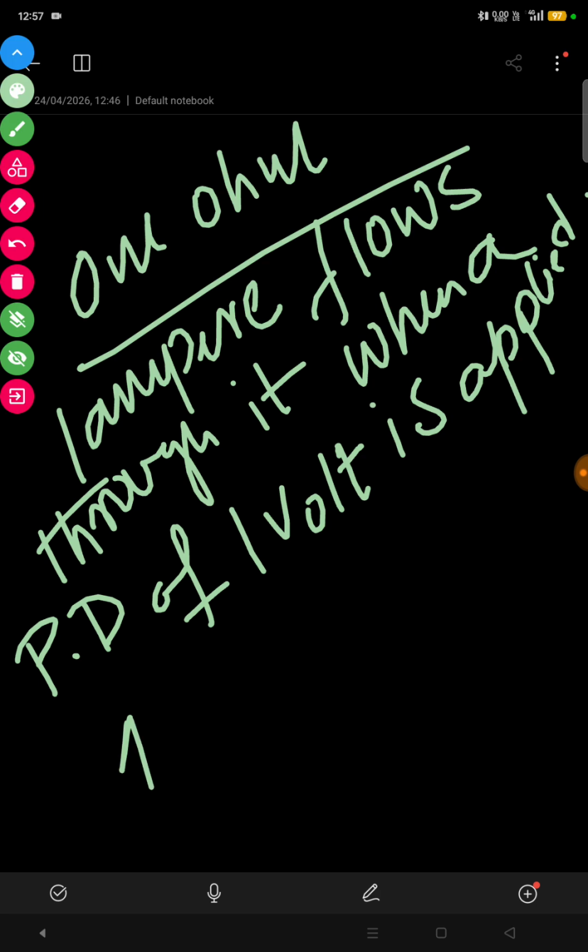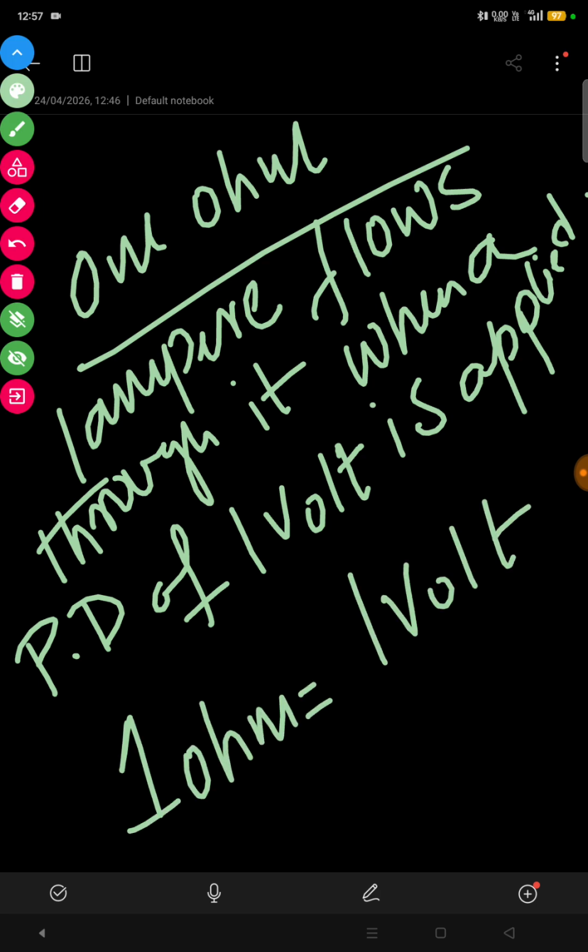Mathematically, we can write 1 ohm is equal to 1 volt by 1 ampere.